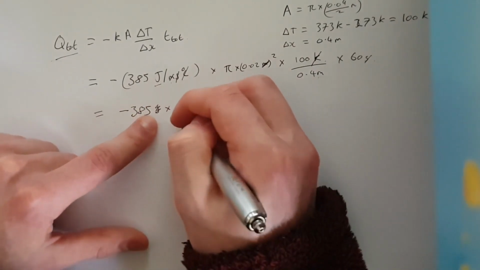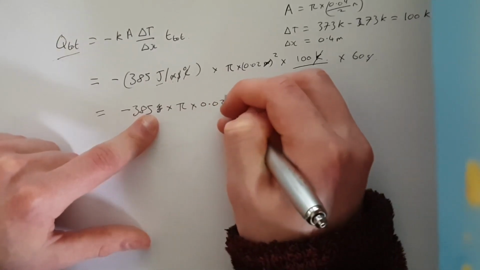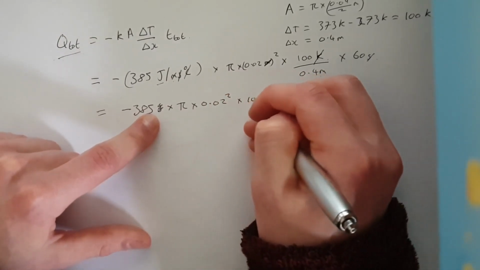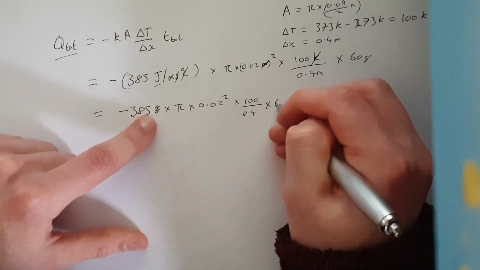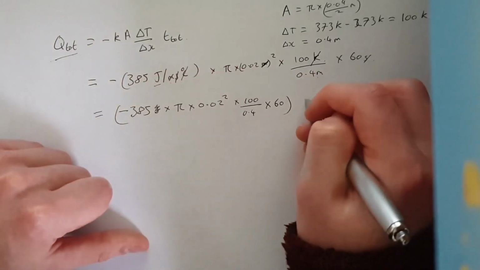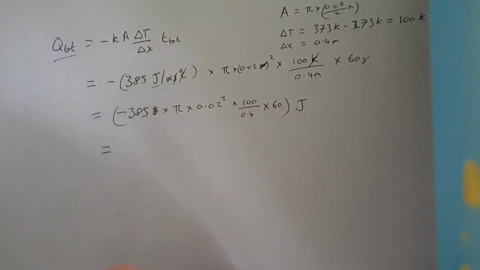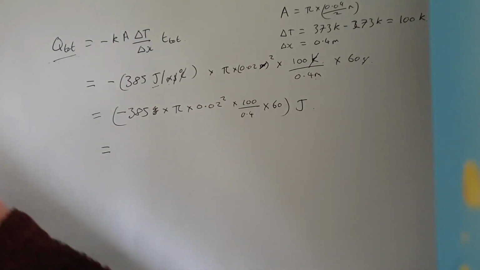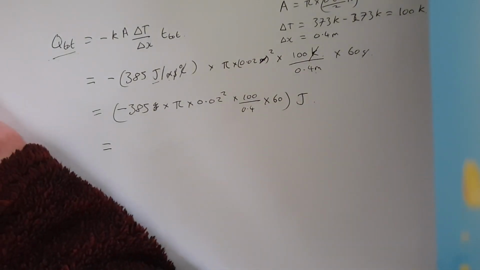Minus 385 times pi times 0.02 squared times 100 over 0.4 times 60 joules, which, let's see if we can calculate that. Let me just get my calculator.